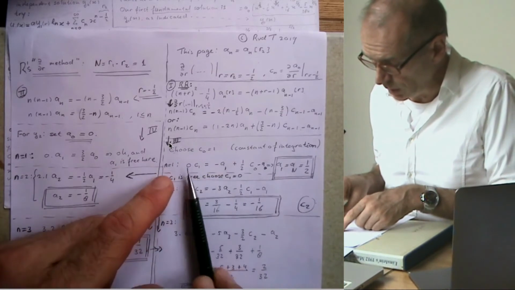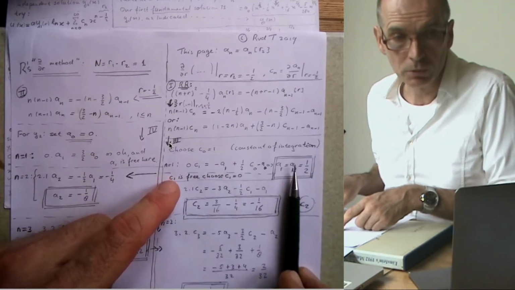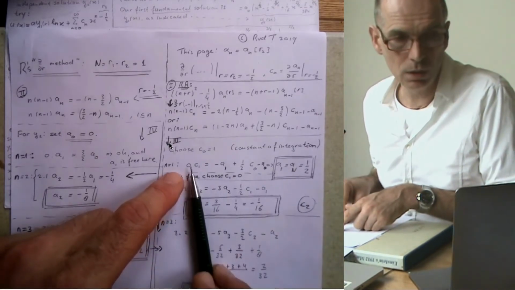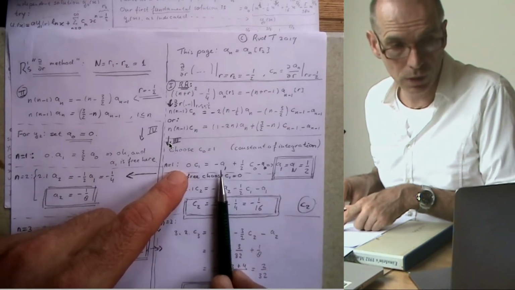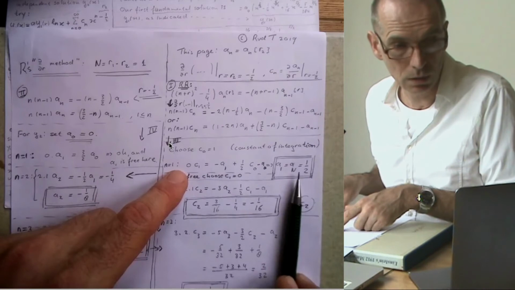So that is always the case, that if n is capital N, 1 in this case, then the equations for the c produce the value of a, capital N. And you get it here, see?